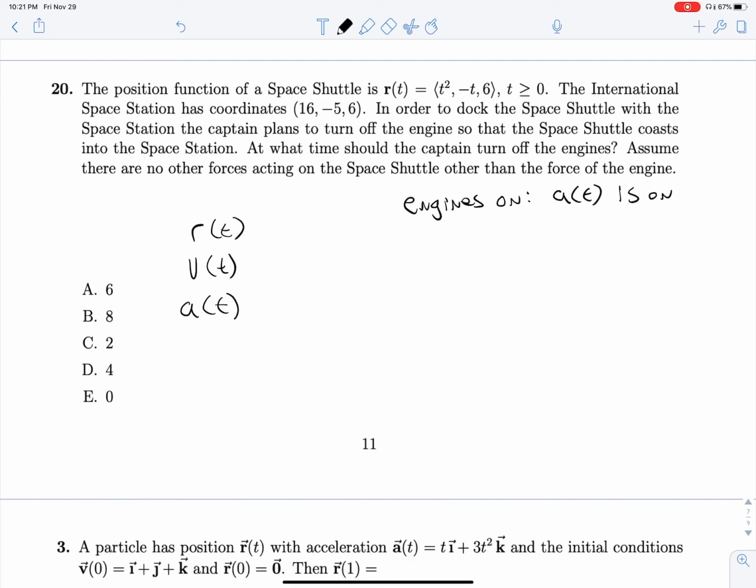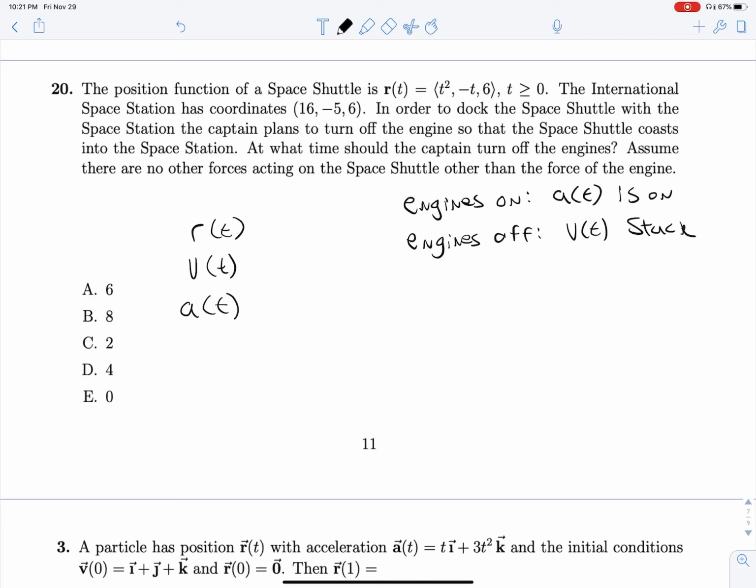So whatever acceleration we get from this position function, that will only be the case when our engines are on. When our engines go off, our V of t will be stuck at whatever our A of t brought it up to right before turning off.